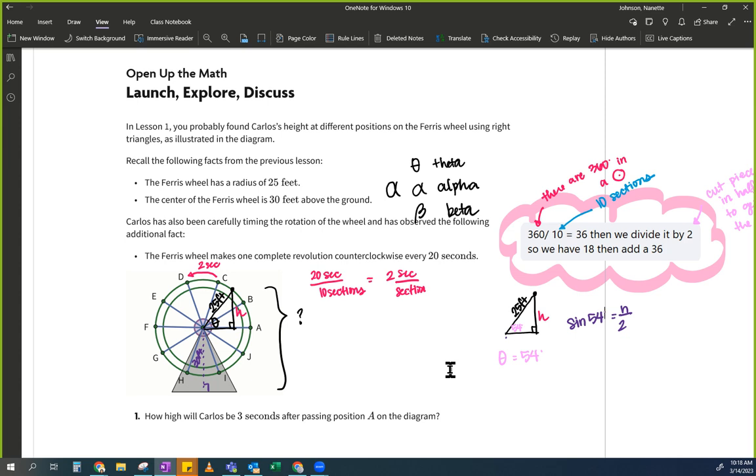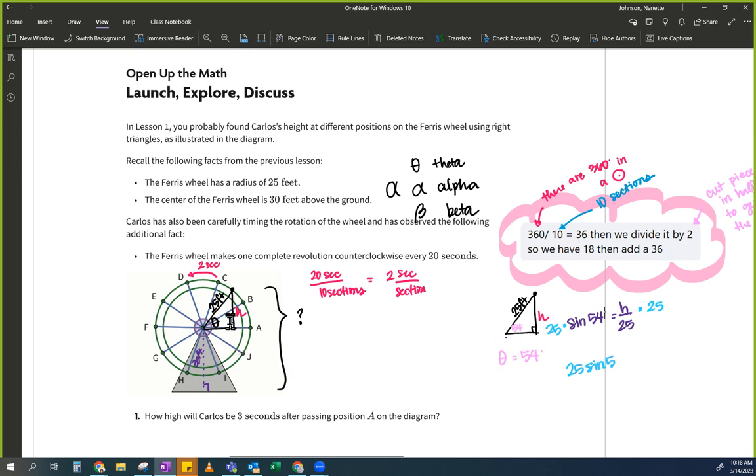I'll go back to the 18 in just a second. Let me finish solving this. Oh, very good. Someone answered it in chat. So then if I solve for h here, I'm multiplying both sides by 25. So we get 25 sine 54 degrees equals h. Go ahead and plug that into your calculator.